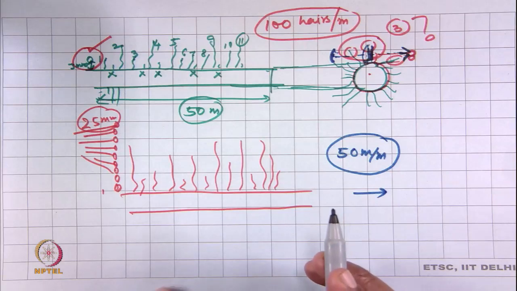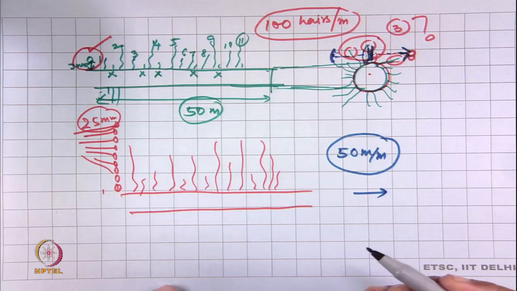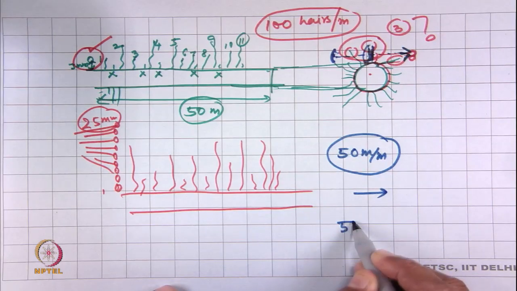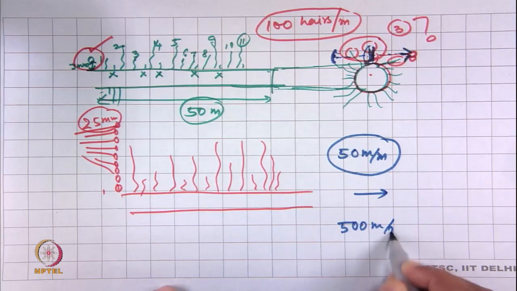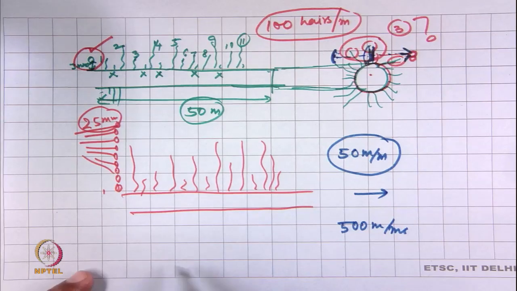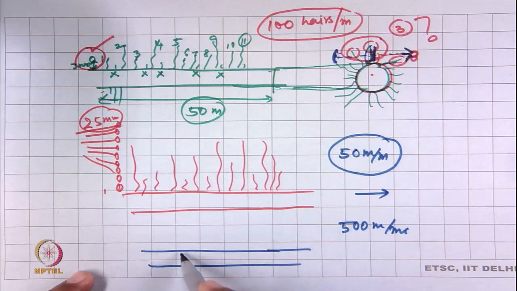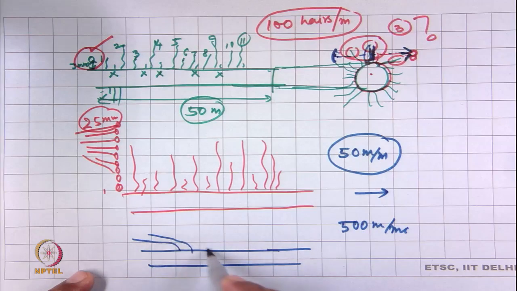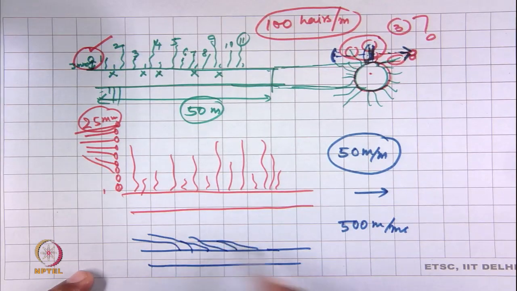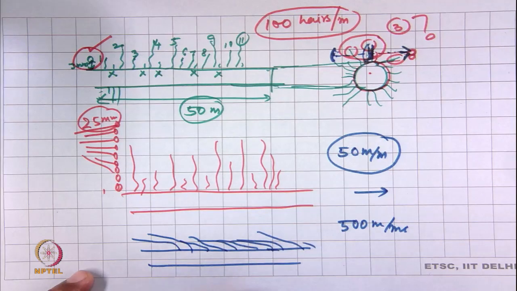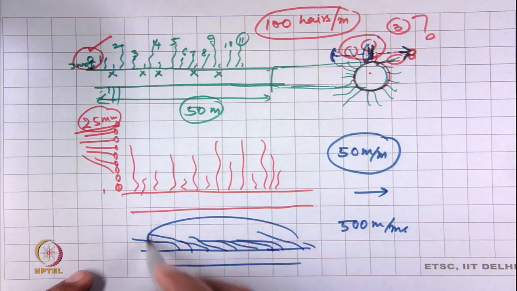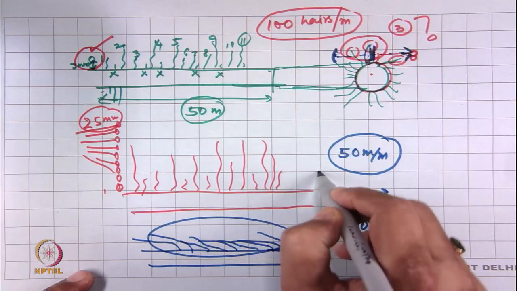But suppose I want to finish my test quickly, and I increase it to 500 meters per minute. Due to the air drag I have mentioned, these hairs will try to have a different orientation, and this will give an entirely different result.